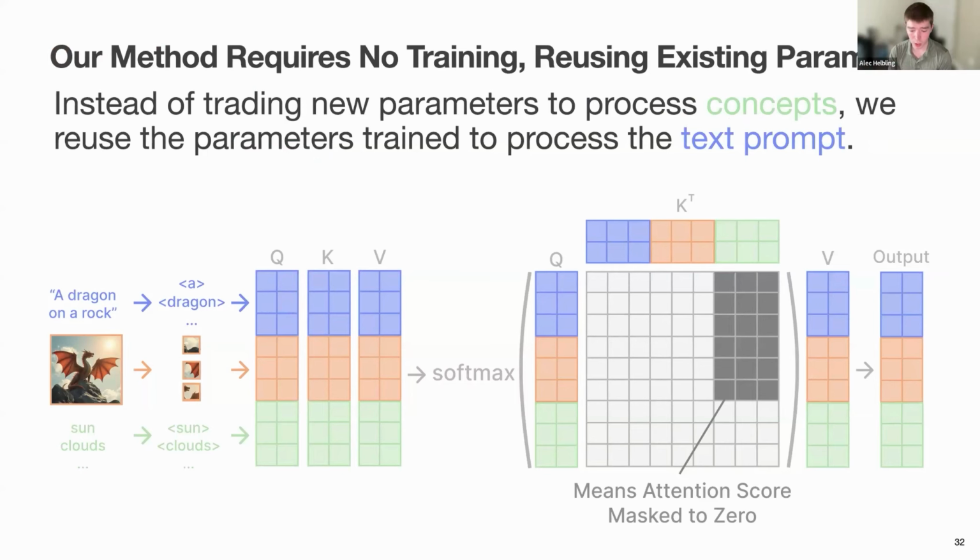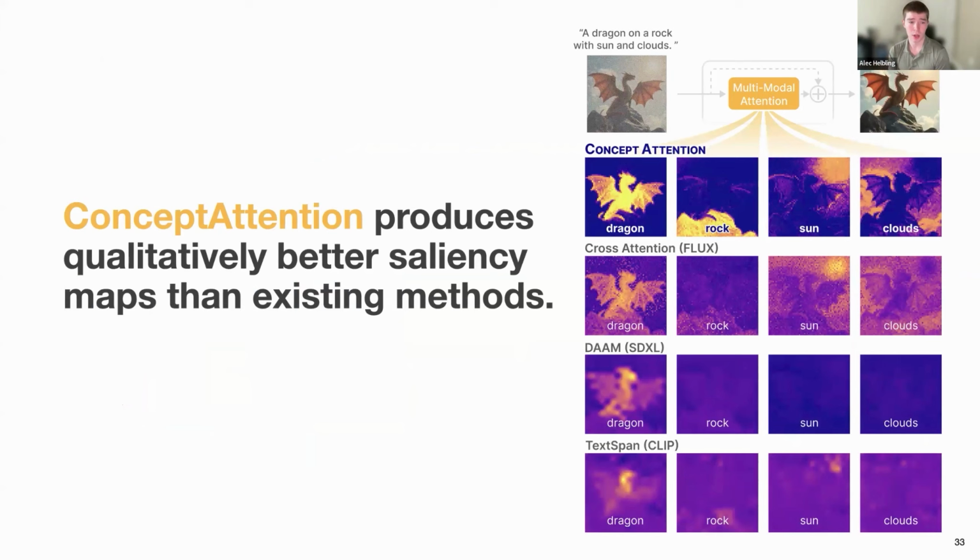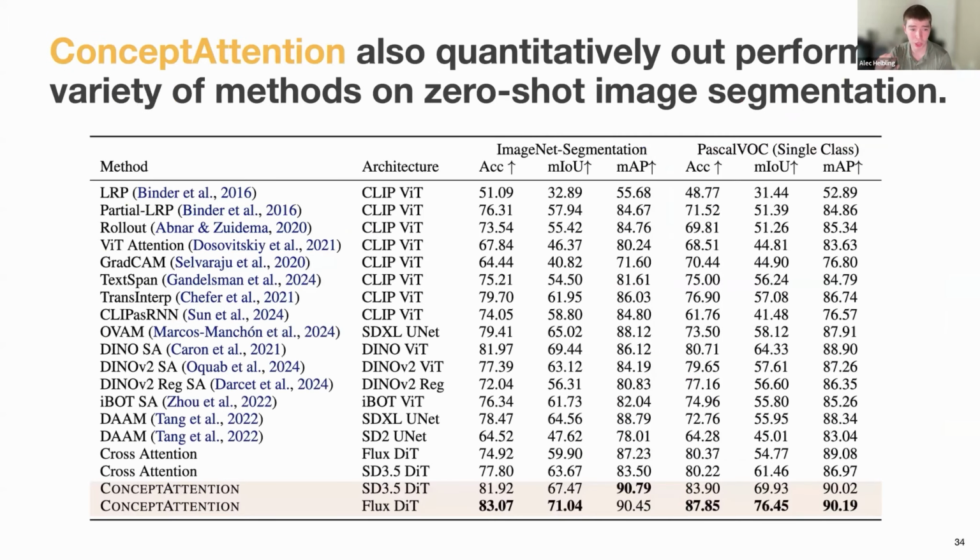And like I showed before, this approach produces higher quality saliency maps than a bunch of existing approaches, specifically cross-attention across different models. And we evaluated it, this is the obligatory big table you have to add. We evaluated this extensively compared to a lot of baselines on multiple architectures on zero-shot image segmentation.